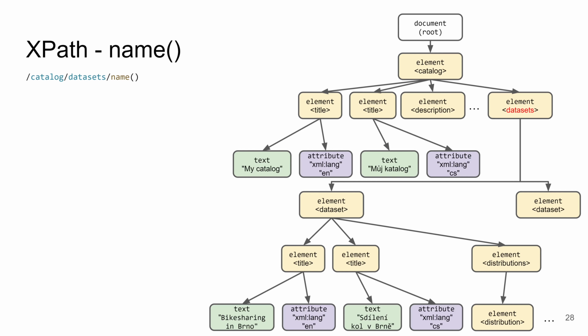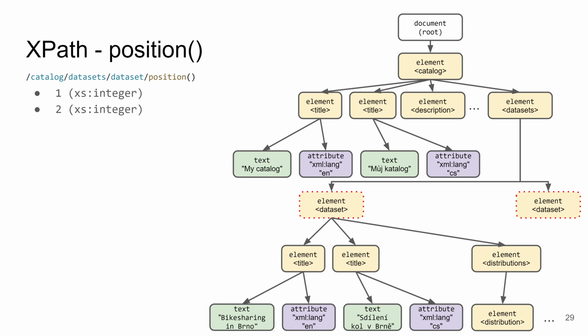Let's take a look at some other access functions. So for instance, we can query for the name of the selected element. So this actually goes from the root catalog to the datasets, and then it selects the names of the elements, which in this case is the text datasets. Another function is position.